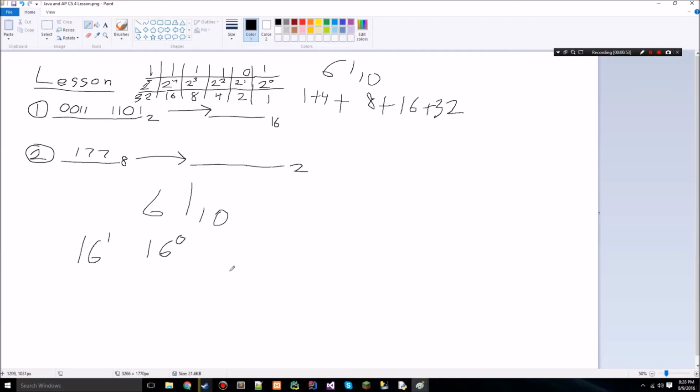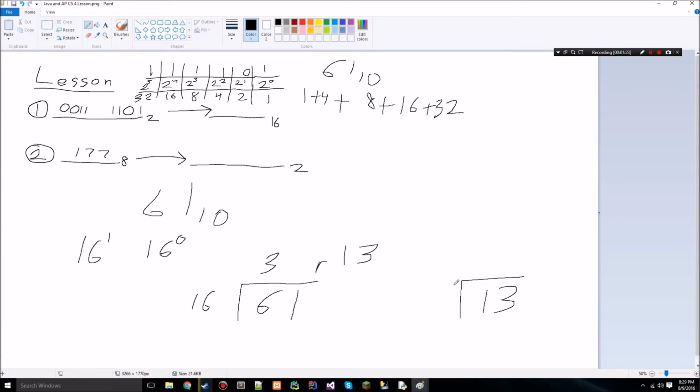So with this method, we take our 61 and then we divide it by 16. So 61 divided by 16, that would give us 3. And then the remainder is, so 3 times 16 is 48, so that gives us a remainder of 13. 13, and then we divide the remainder by the next lowest power.